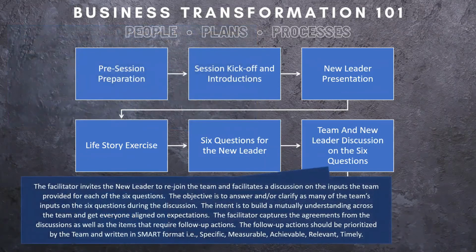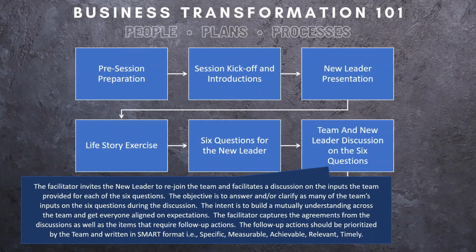When the team has their inputs completed for the 6 questions, the facilitator invites the new leader to rejoin the meeting and the team and facilitates a discussion on the inputs the team provided for each of the 6 questions. The objective is to answer and or clarify as many of the team's inputs as possible during the discussion.